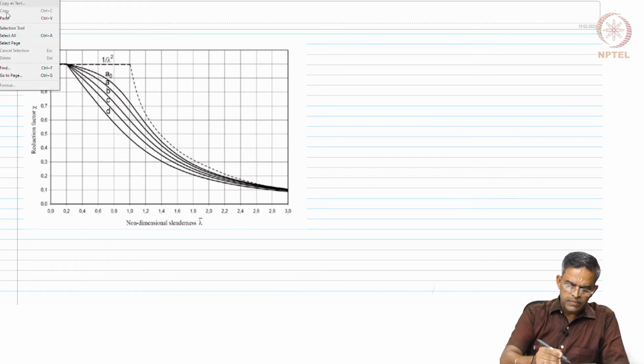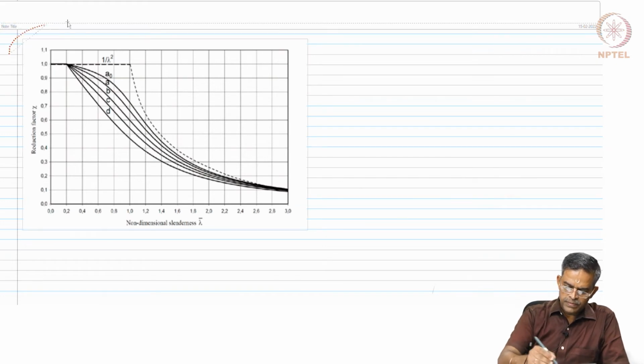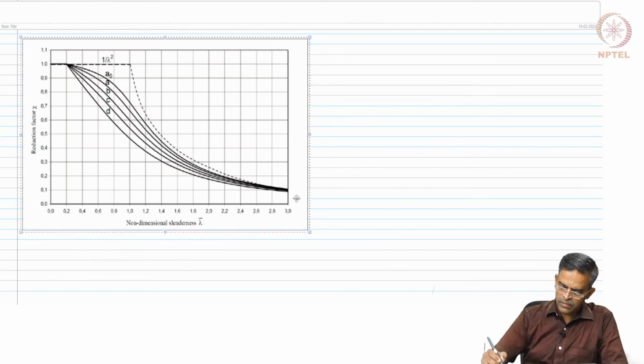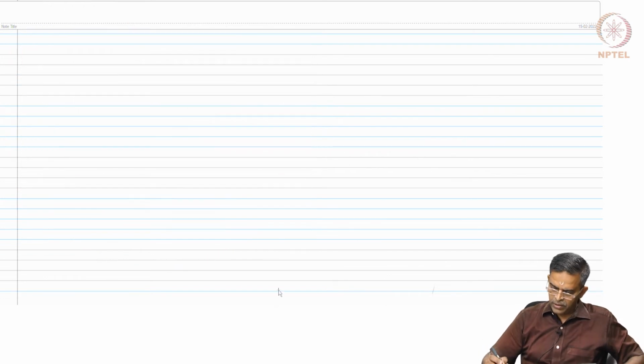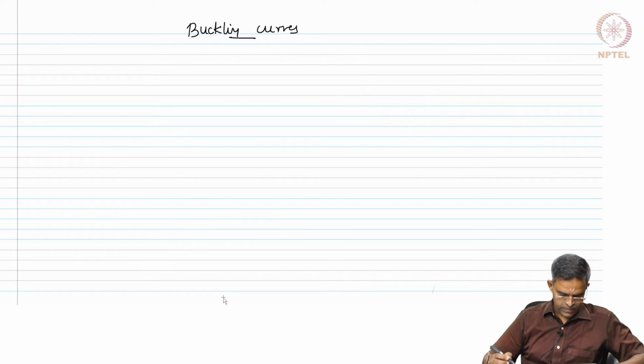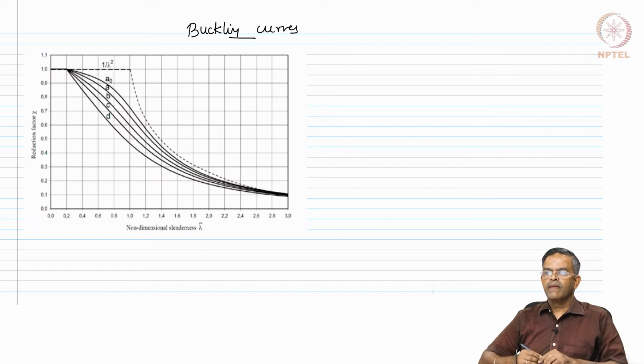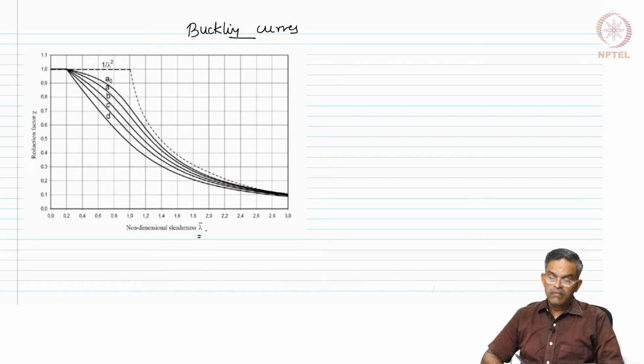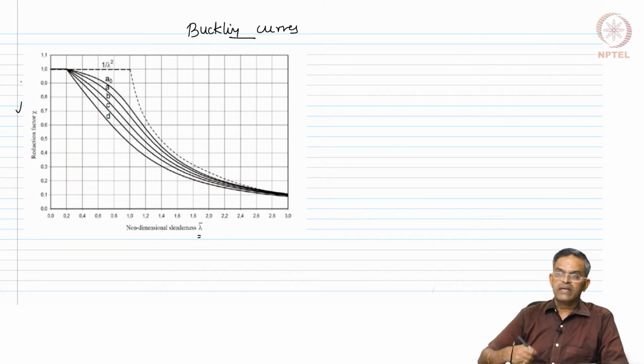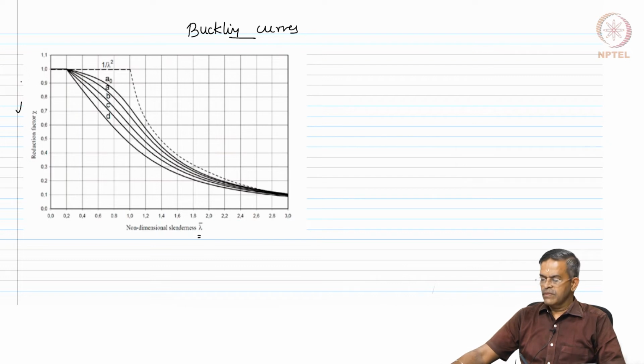I will copy this figure and put it here. The one you see on the screen is a non-dimensional lambda bar which accounts for the reduction factor. It is a buckling curve given for different designations as A0, A, B, C and D curves.